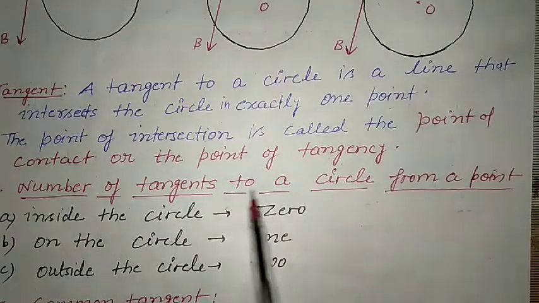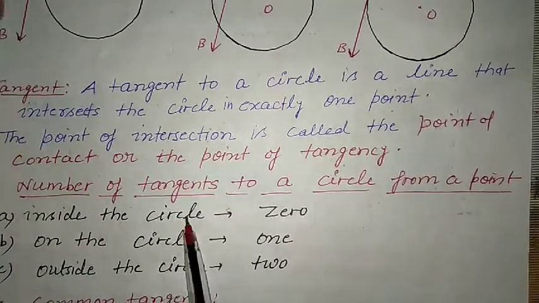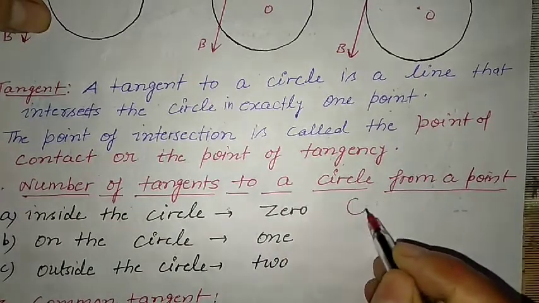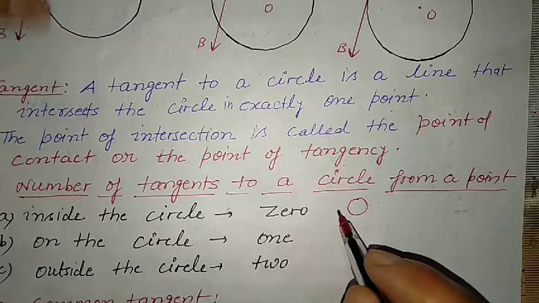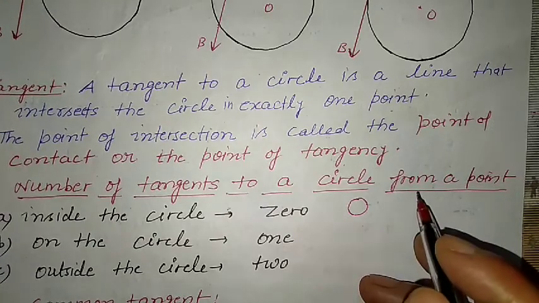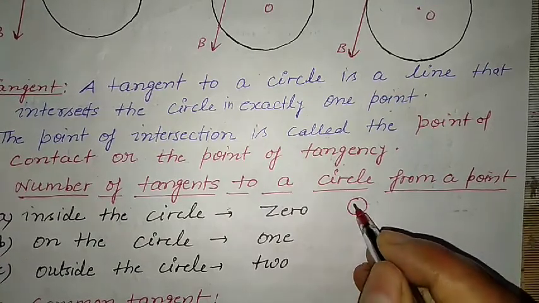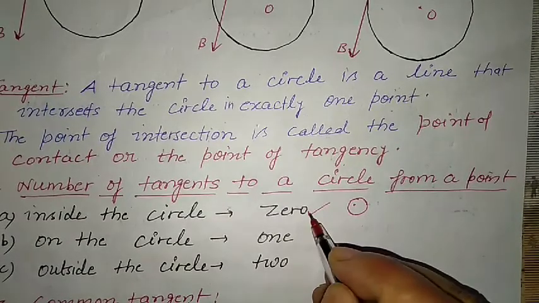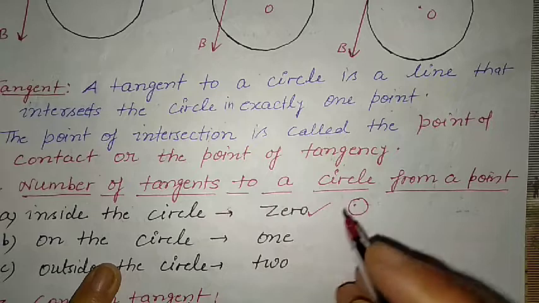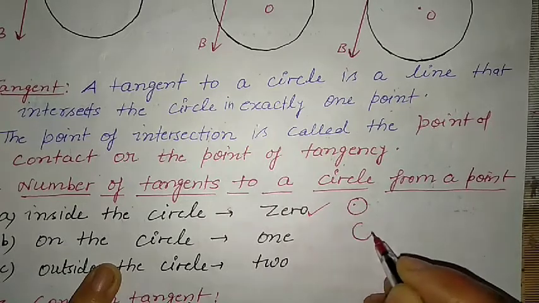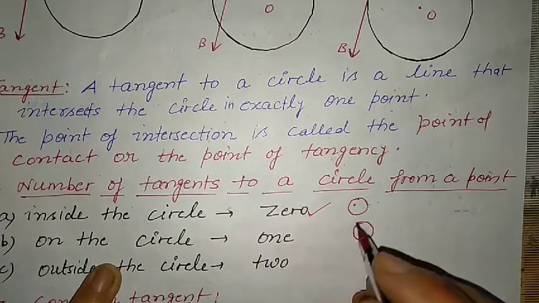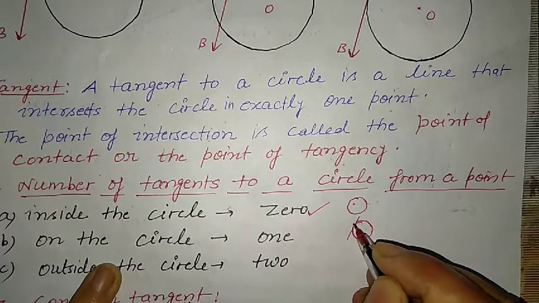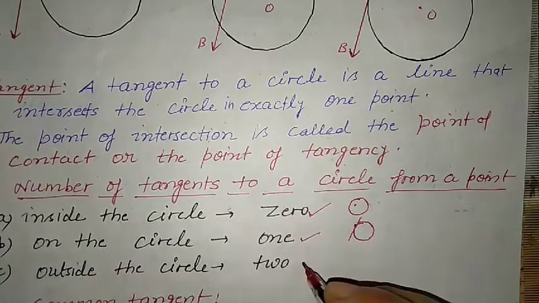Now, the number of tangents to a circle from a point. Suppose this point is inside the circle, so there will be no tangent, zero tangents. If the point is on the circle, meaning at the boundary, there is a single tangent.